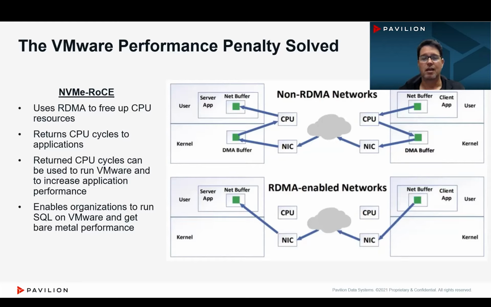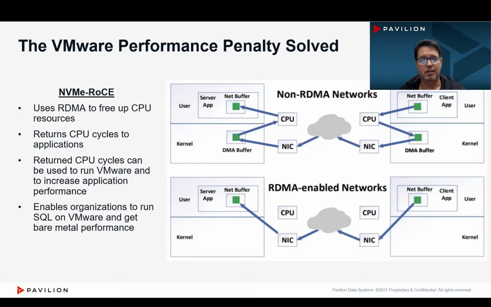Because his view, and clearly history has proven him wrong, was that VMware consumed so many resources that it wasn't worth doing, that you'd be better off just clustering your servers together and getting your benefits that way. Now, obviously, the market did not agree with him, but that doesn't mean that he was wrong about the VMware performance penalty.